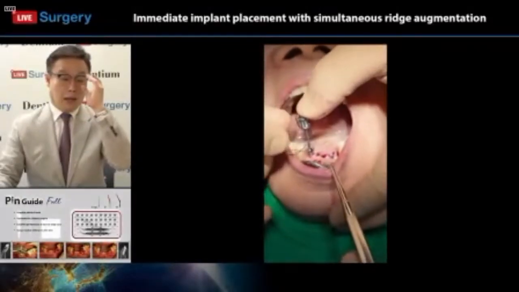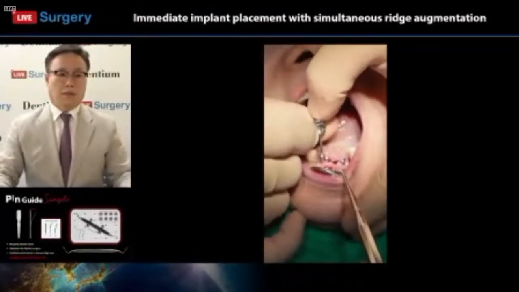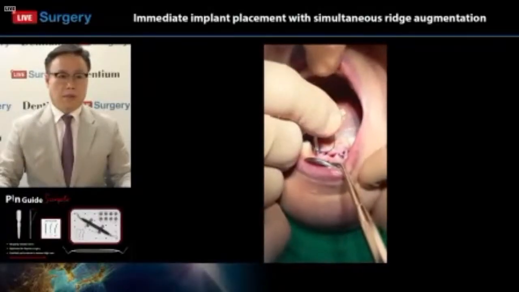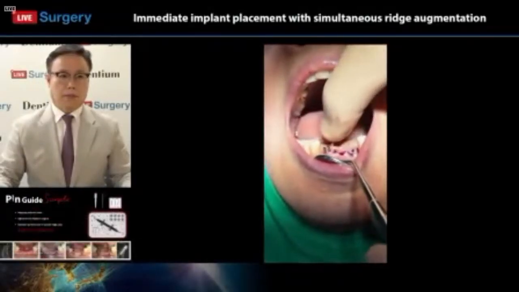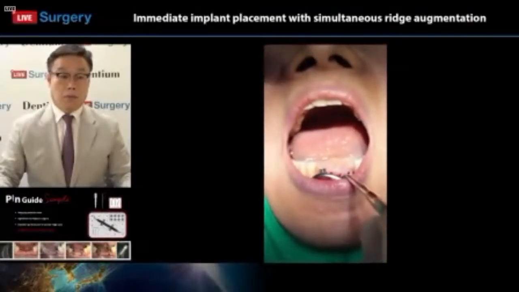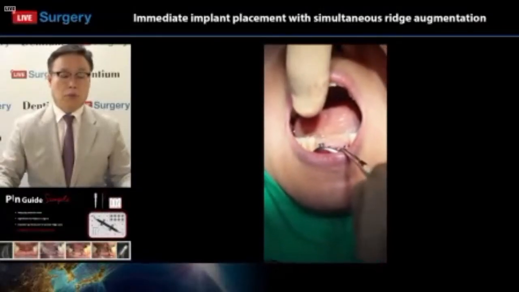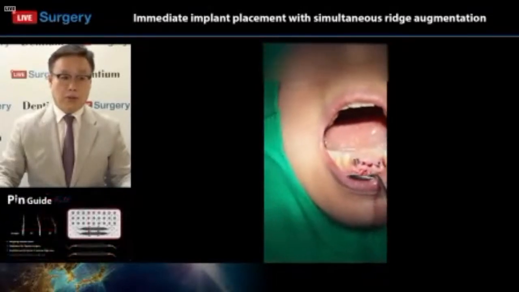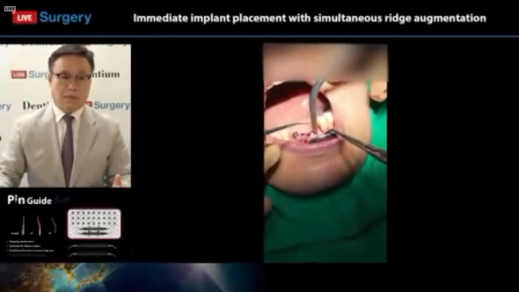The VISTA technique, from Homa Zadeh from California, USC. It is very famous for the vestibular incision. He applied it mostly for soft tissue. However, sometimes he shows applying bone graft material with the vestibular incision, the same technique.